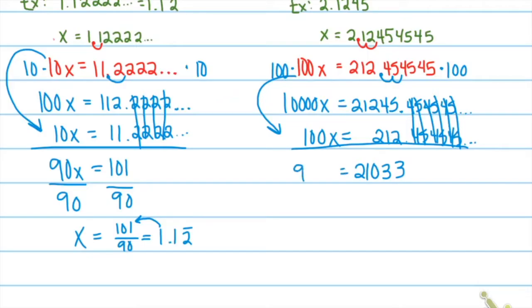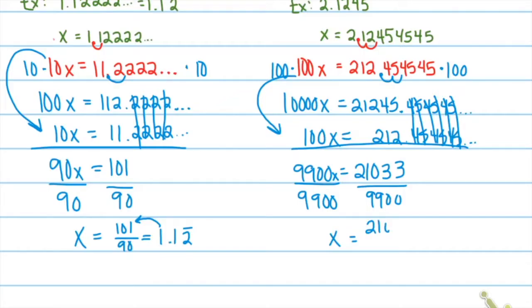So I get 9,900x. Okay, I know I'm talking to myself, really kind of crazy. It's okay. So now I'm just going through the process of solving that little equation in order to find what 2.1245 repeating is as a rational ratio number.